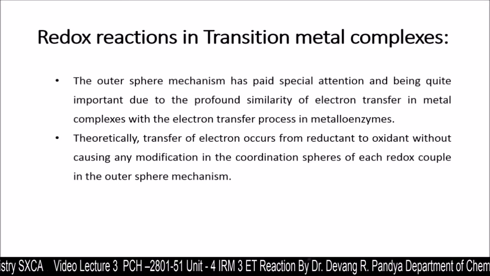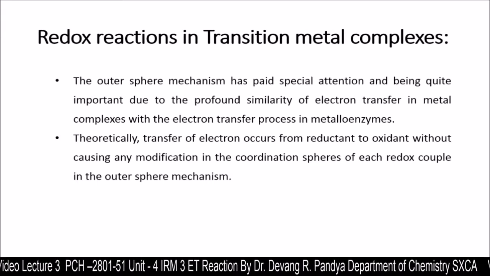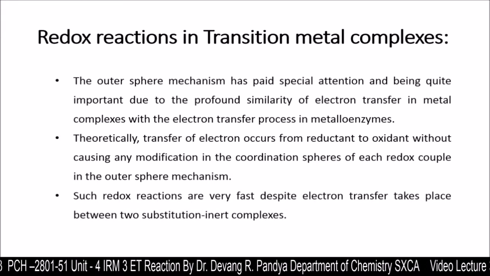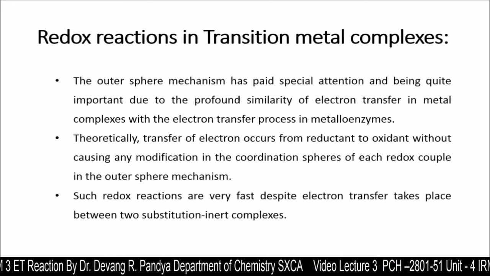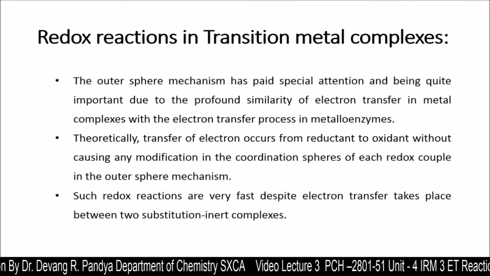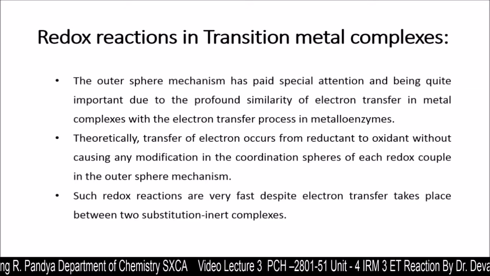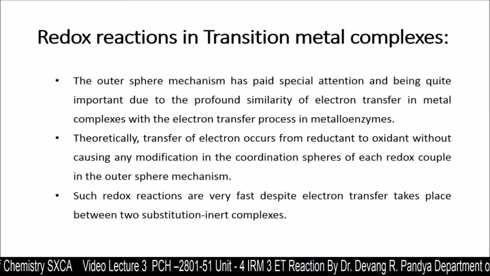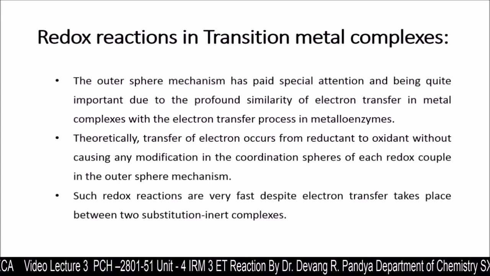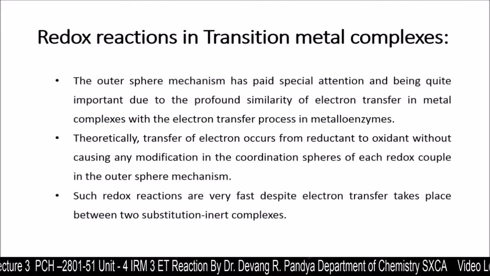Only the electron transfers from one metal center to the other. Such redox reactions are very fast, despite electron transfer taking place between two substitution inert complexes. So there are certain conditions for the outer sphere mechanism as well. We are going to discuss the outer sphere mechanism in depth, but here is the introductory part.